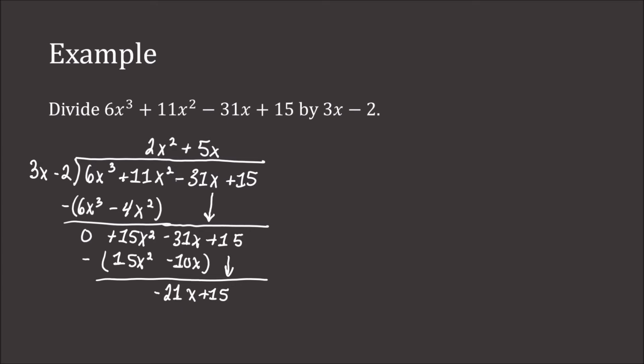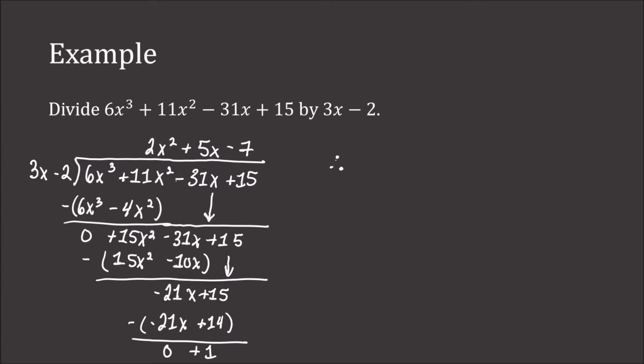Negative 21x divided by 3x is negative 7. Negative 7 times negative 2 would be plus 14. We now subtract. We'll be left with 0, and then 15 minus 14 is plus 1. So here we have a remainder of 1.